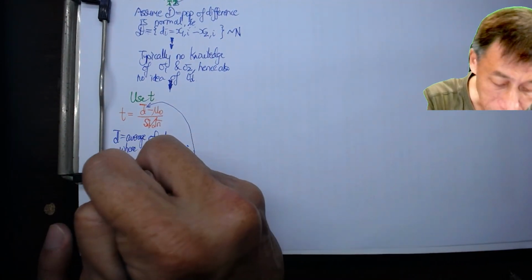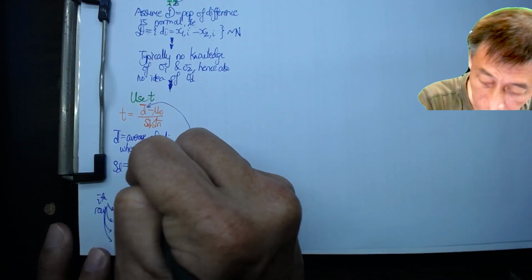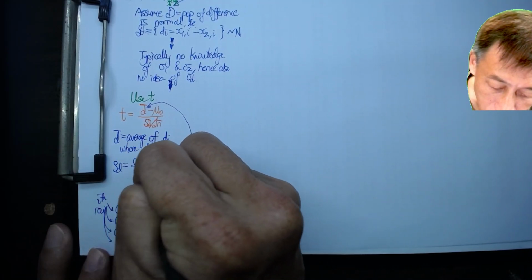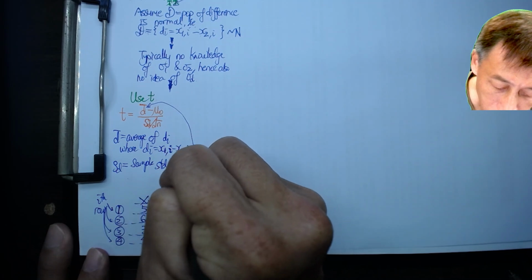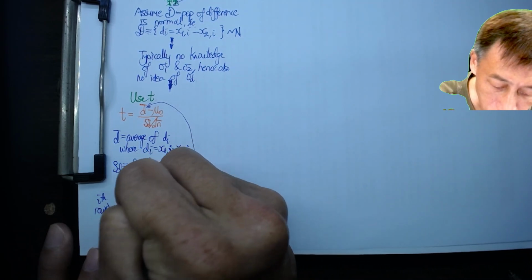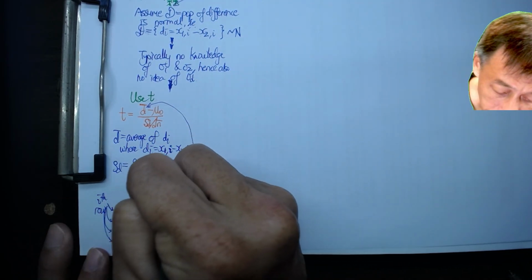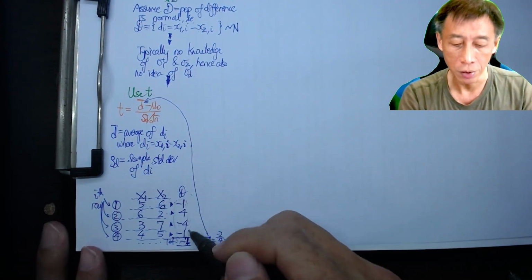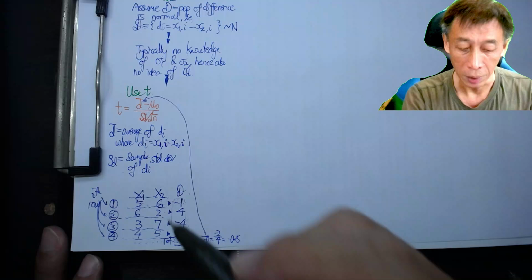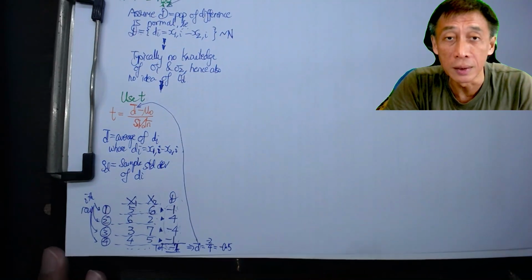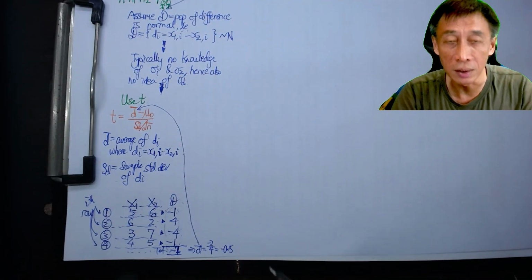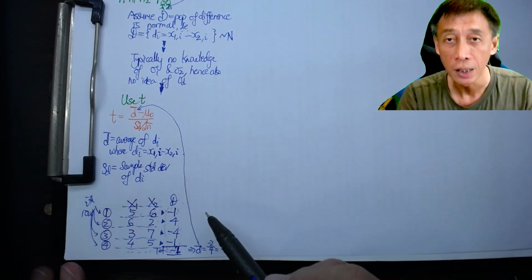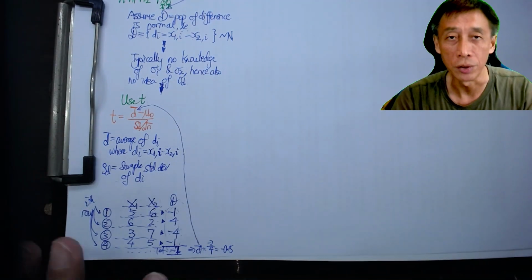And the SD is the sample standard deviation of Di. So you calculate the sample standard deviation of this set here, then plug it in, and the test statistic is out. Right. So when you have the test statistic and you sketch the diagram for t, find the critical values, and then you can just continue from there.